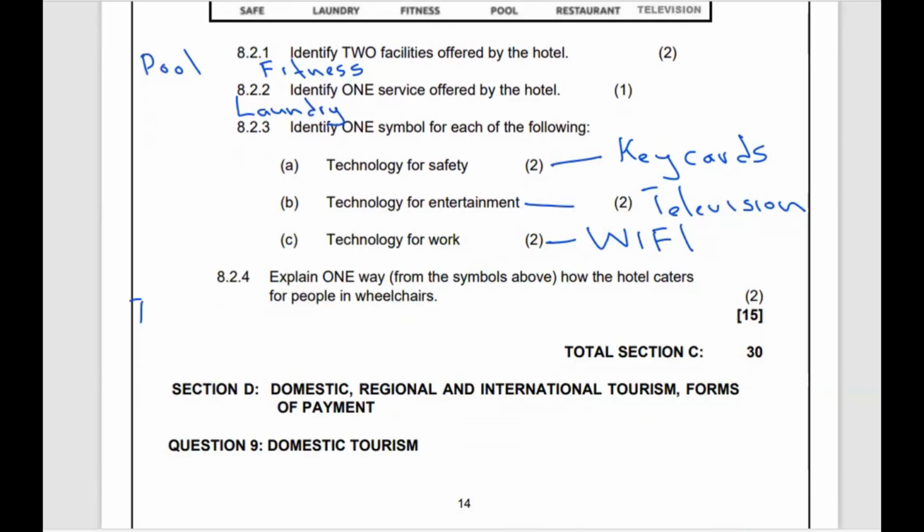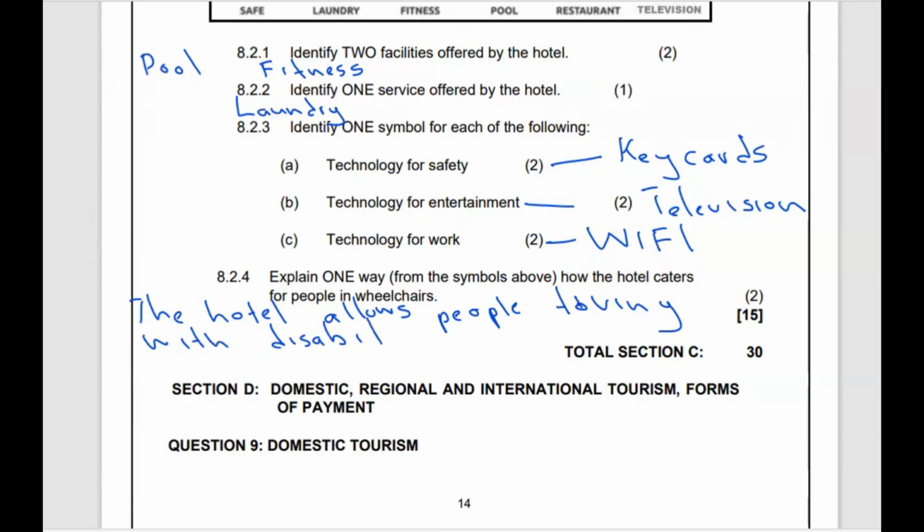So you can say the hotel allows people living with disabilities to navigate the hotel using elevators.